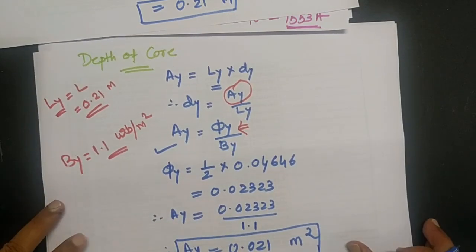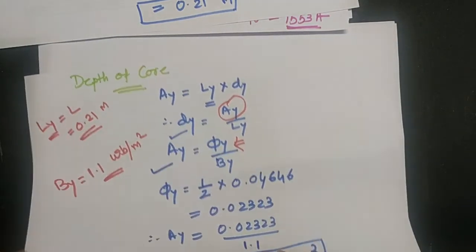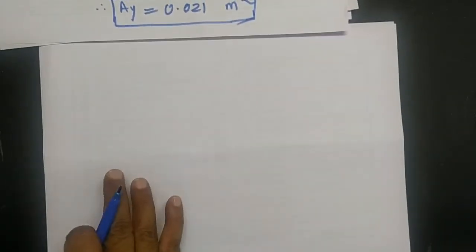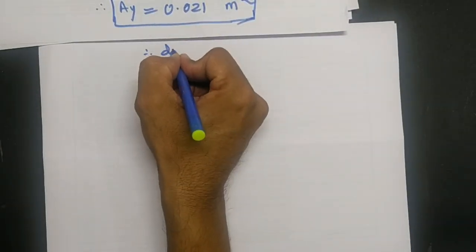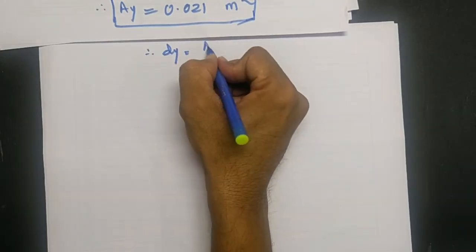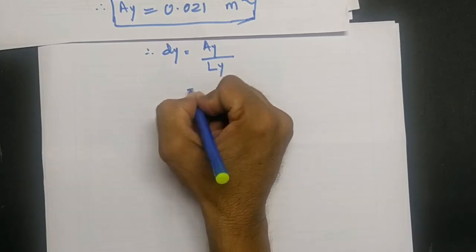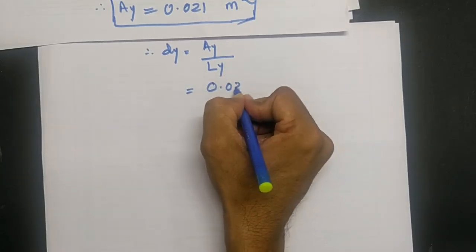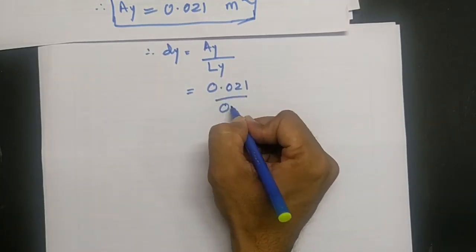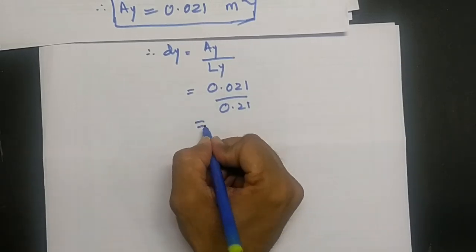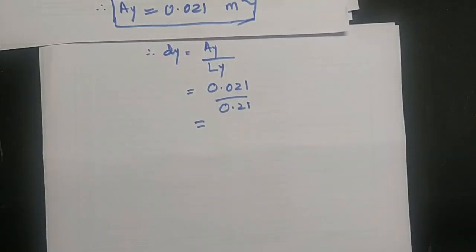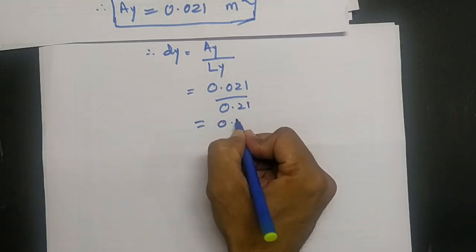Once the area is available, using this equation we can calculate the depth of the yoke. The depth of the yoke is the area of the yoke divided by the length of the yoke, so 0.021 divided by 0.21, which comes to 0.1 meter.